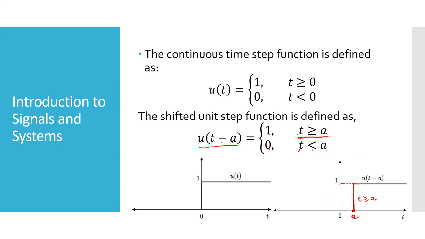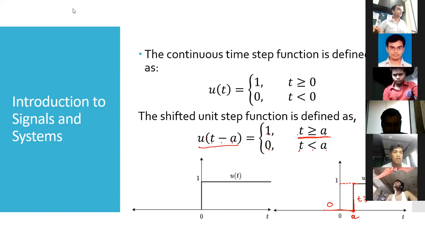And for t less than a, it is 0. This is called unit step function. Understood? So you draw it. That is question number 3.